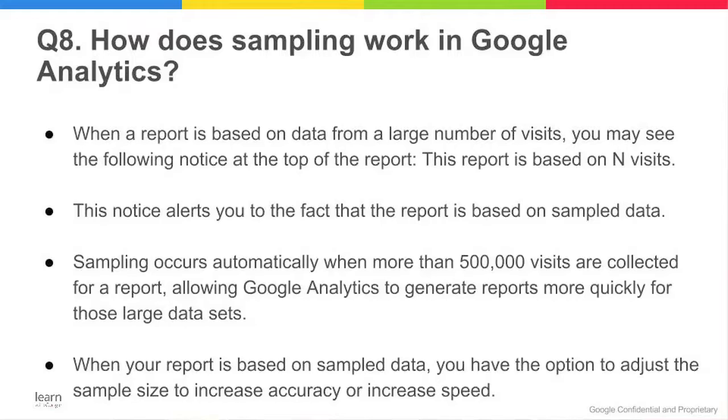But you have the option in Google Analytics to adjust your sample size. You can make it bigger or smaller. When you increase your sample size, the processing time increases, and when you make it smaller, it decreases. But sampling is widely used in the statistical industry.